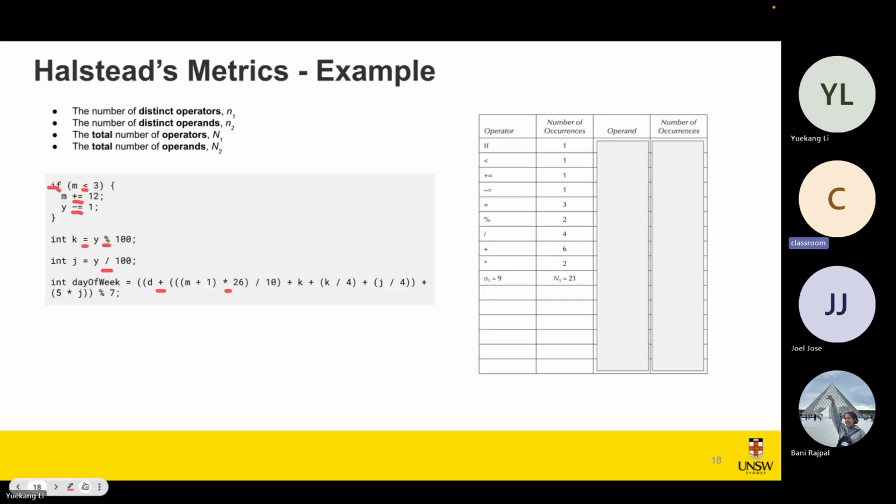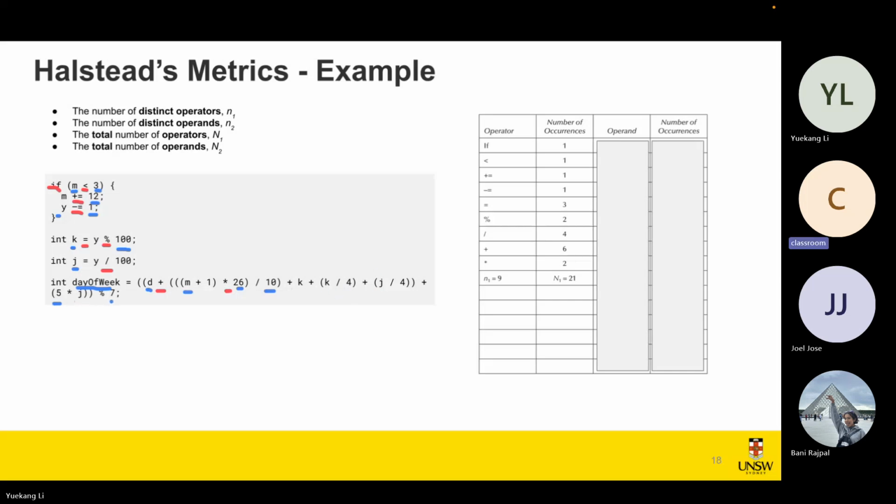And let's have a look at the number of operands here. So the operands are the things that are being operated. These are the objects we have. So we have m, we have 3, we have 12, we have y, we have 1, we have k, we have 100, we have j, we have day of week, we have d here, we have m here, 26, 10, and k has already been counted, and j has already been counted.